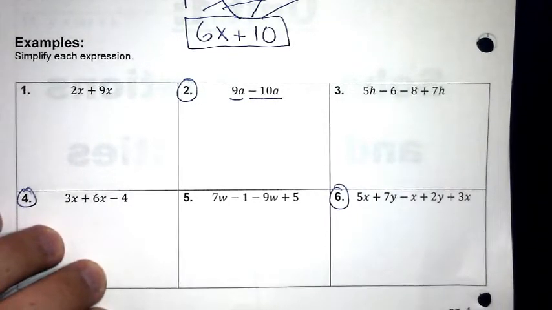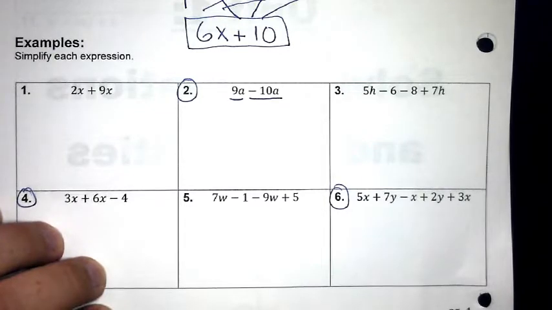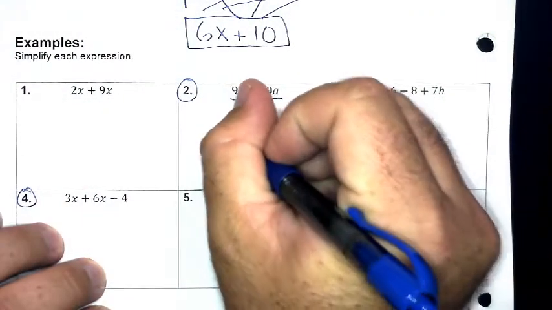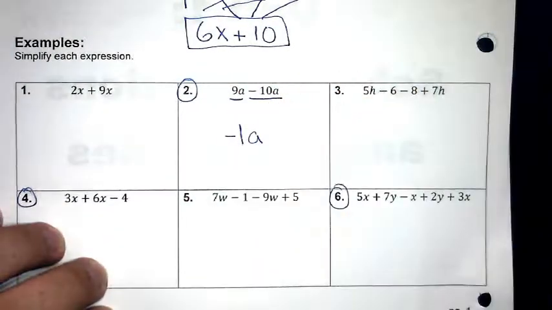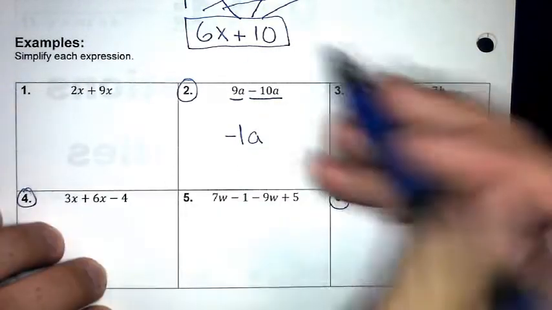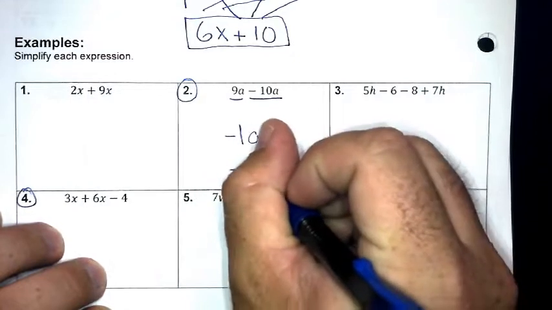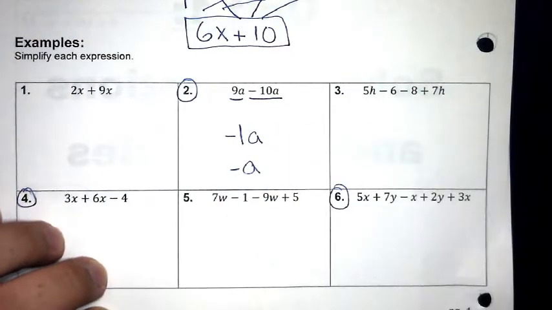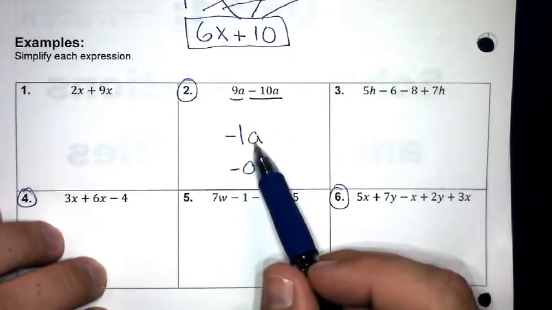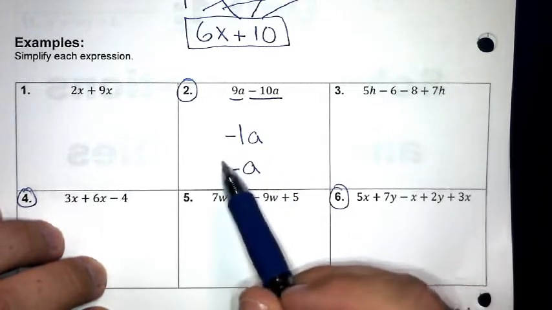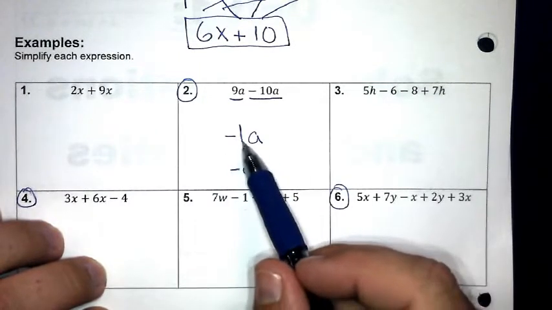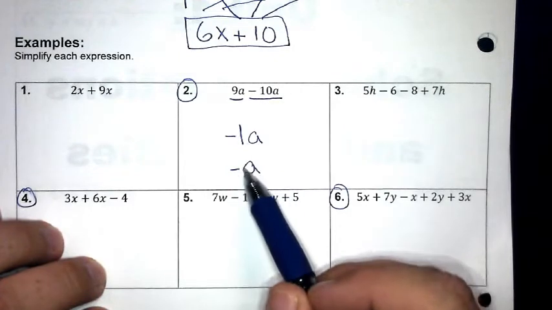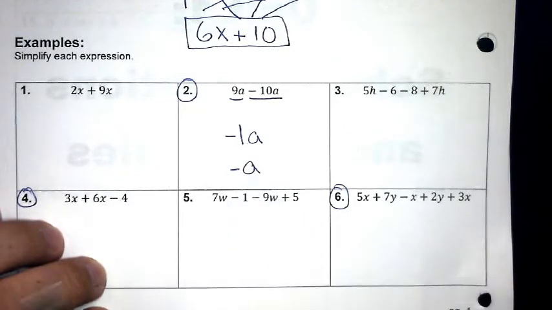So in your calculators, 9 plus negative 10. Say it louder. Negative 1a. There is another way that you can write it. If the number in front of the variable, aka the coefficient, is 1 or negative 1, you can just write the variable itself. Either way works.